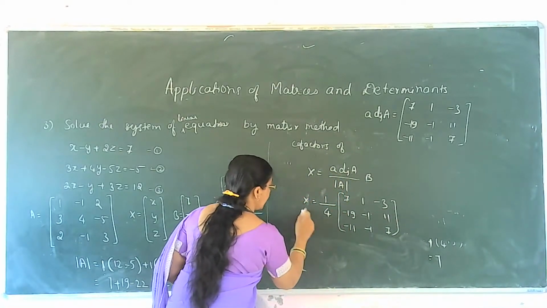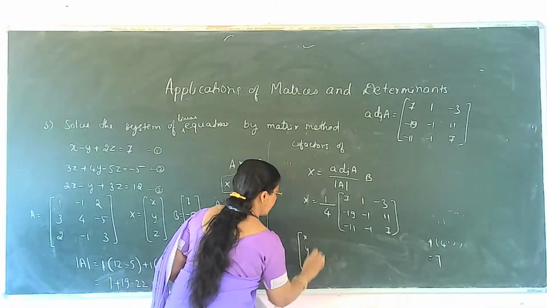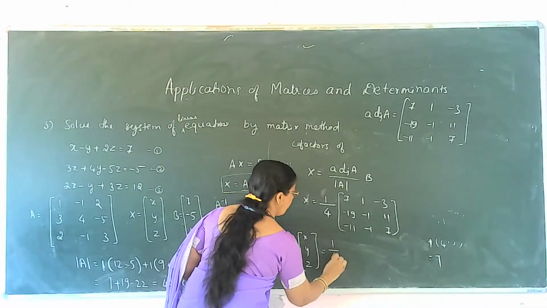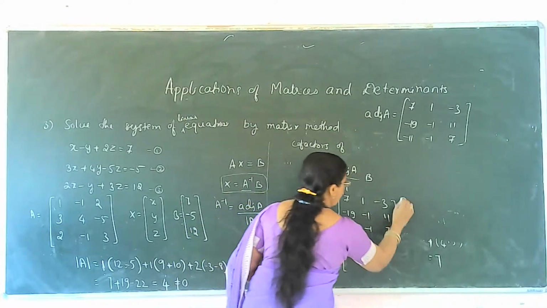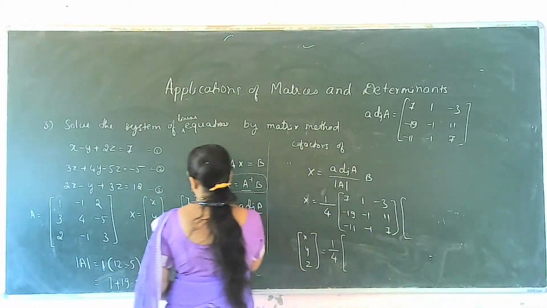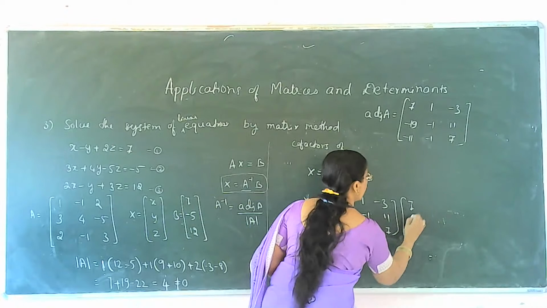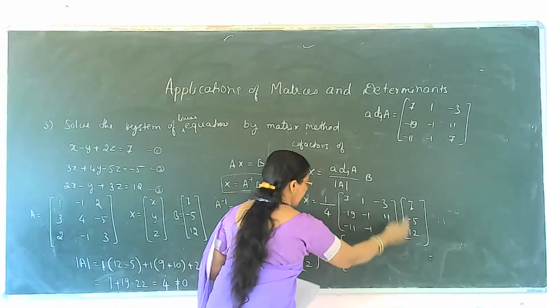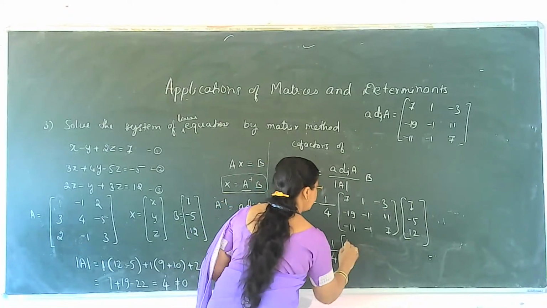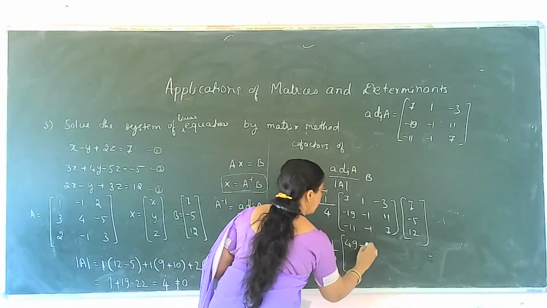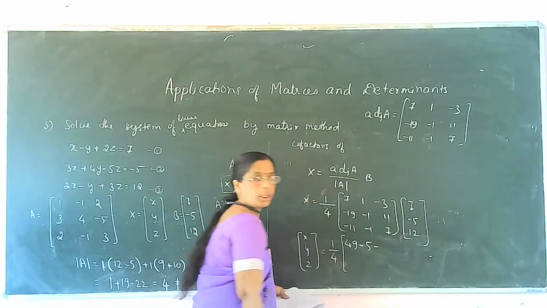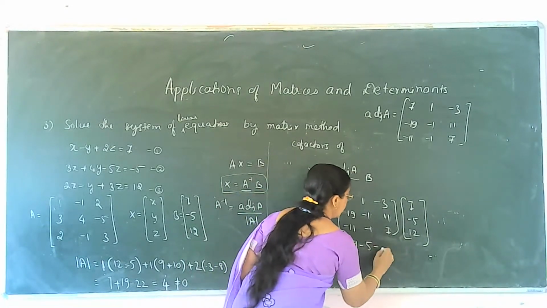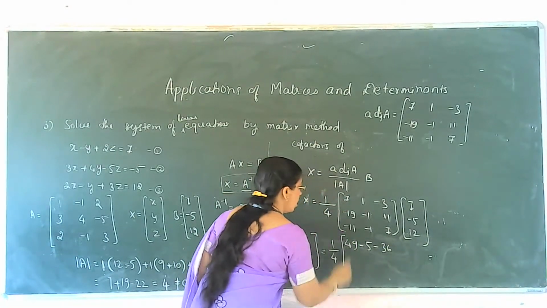Then here X is X, Y, Z. We get 1 by 4 into B matrix, which is 7, minus 5, 12. Multiplying this, 7 into 7, 49, minus 1 into 5, minus 5, minus 3 into 12, minus 36.